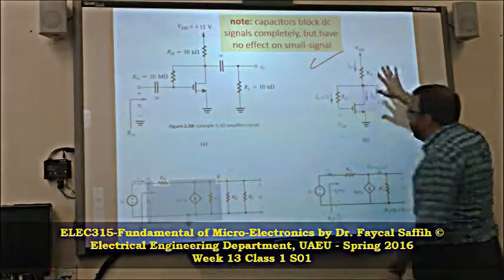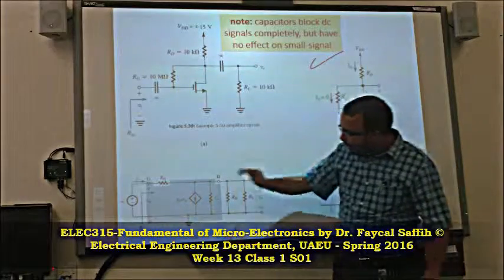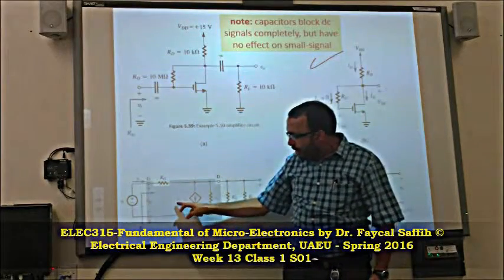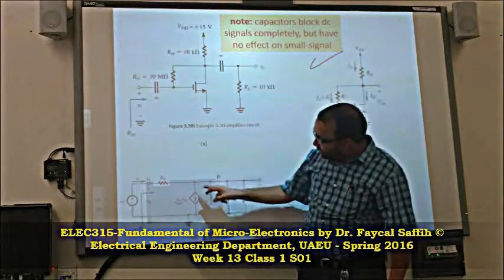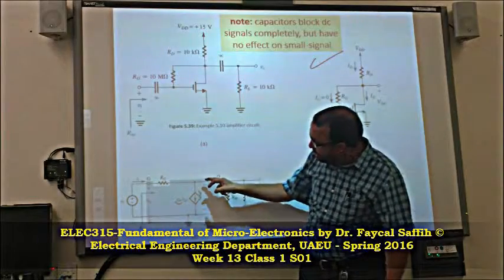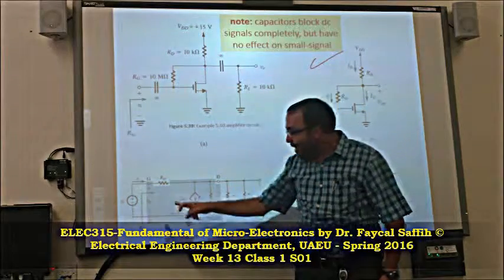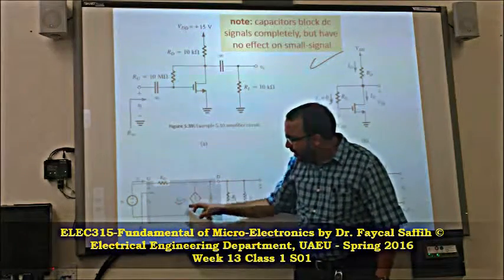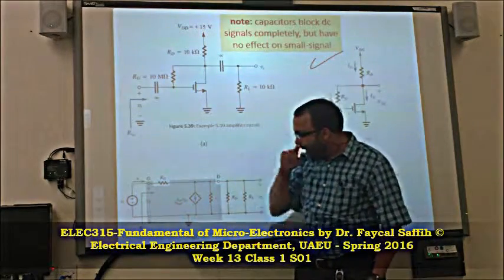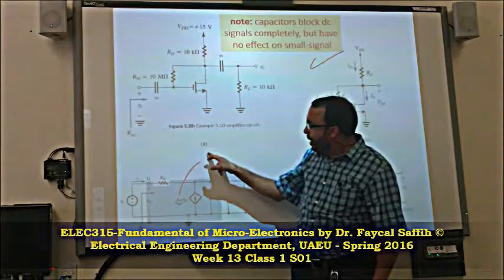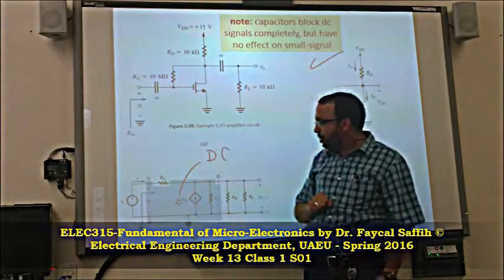Once we have done that, then we throw everything in there. You can see GM here, because the current that we're going to create is actually GM VGS. This is the AC current that we're going to create, and GM is from the DC analysis.